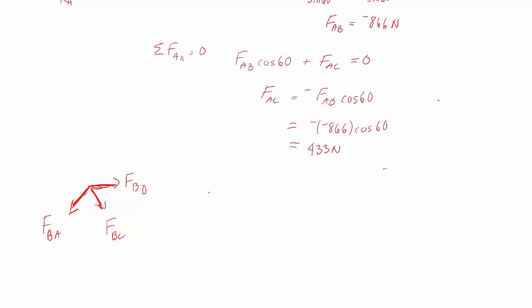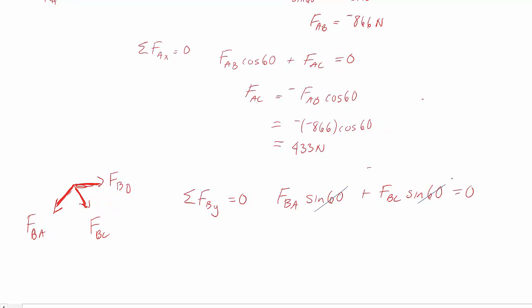We'll start with summing the forces in the y direction at joint B. So we know that FBA sine 60 degrees plus FBC sine 60 degrees is equal to 0.